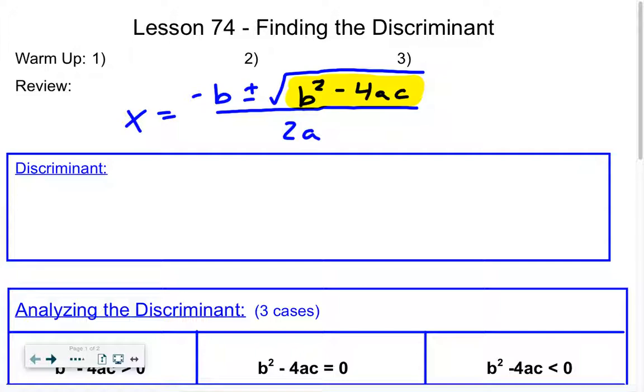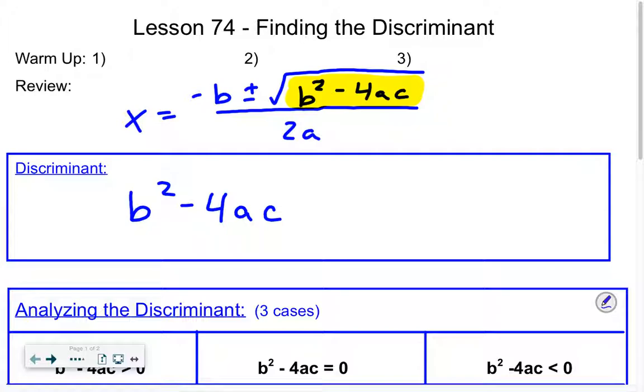So if they ask you to find the discriminant, it is simply b squared minus 4ac. Notice it's located in the square root, and notice it's right behind the plus or minus.